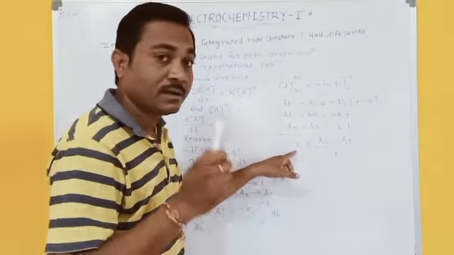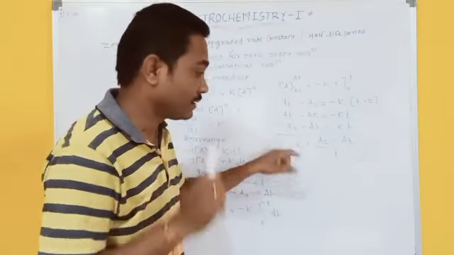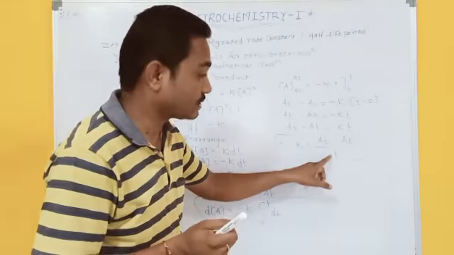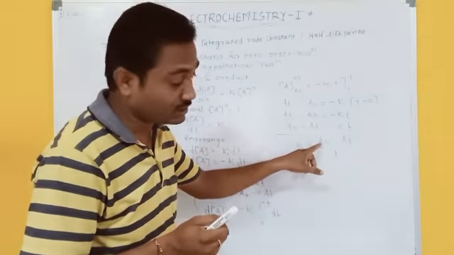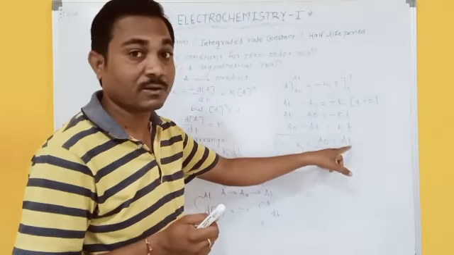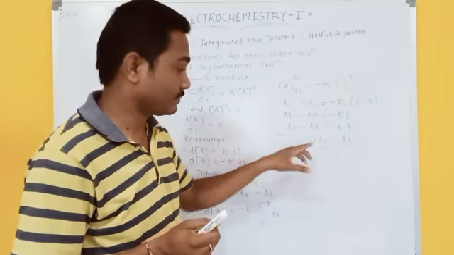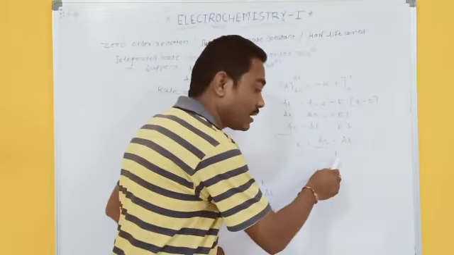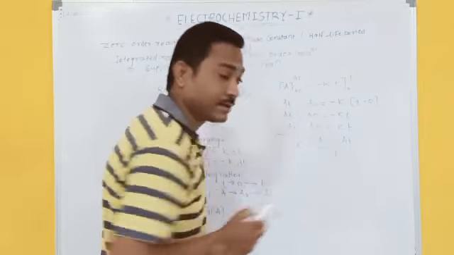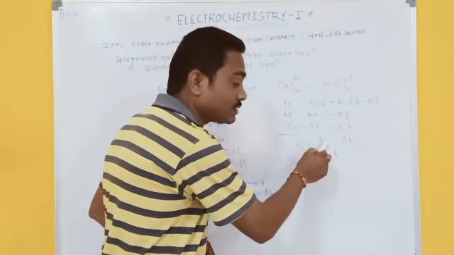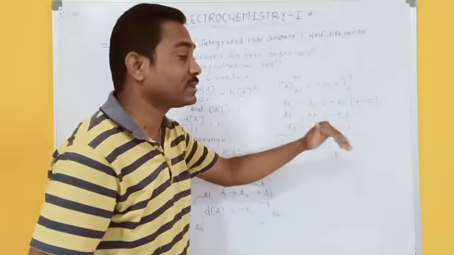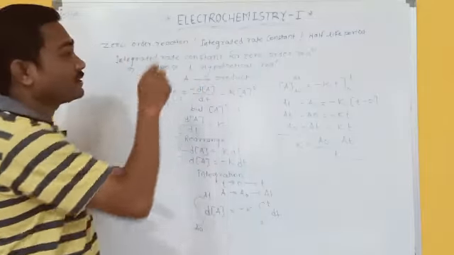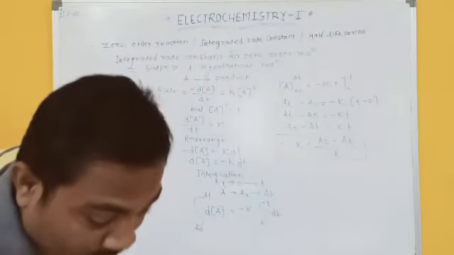Here k is the rate constant of zero order reaction, t is the time for the completion of reaction, A0 is the initial concentration of reactant and At is the concentration of reactant after time t. This is the required expression for the integrated rate constant for zero order reaction.